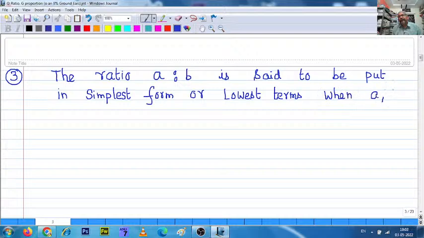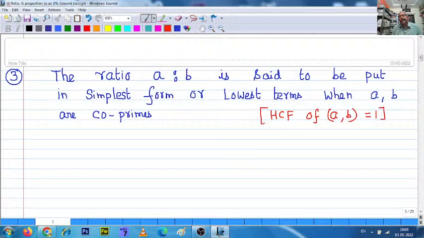So don't get confused. What do we mean by co-primes? Co-primes means the HCF, highest common factor, of A and B is 1. If the highest common factor of these two numbers is 1, then they are said to be co-primes.